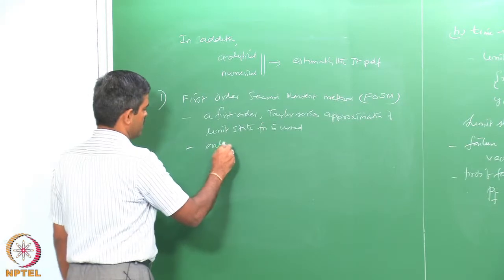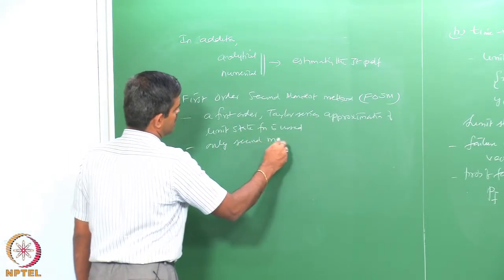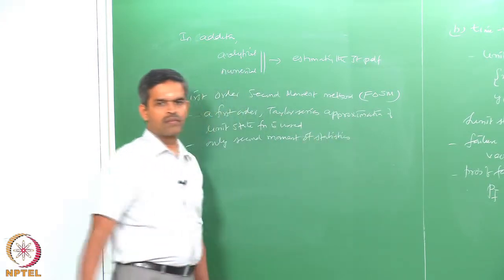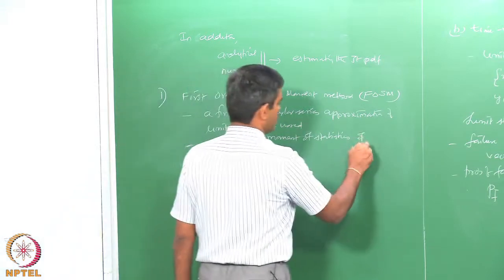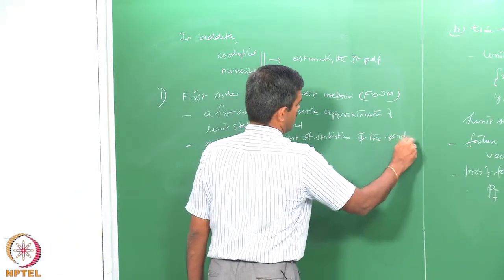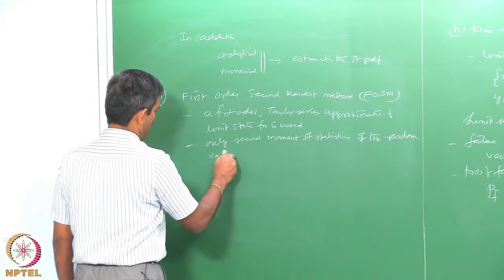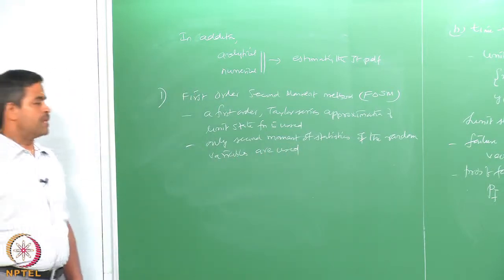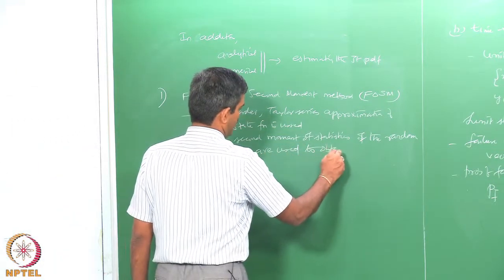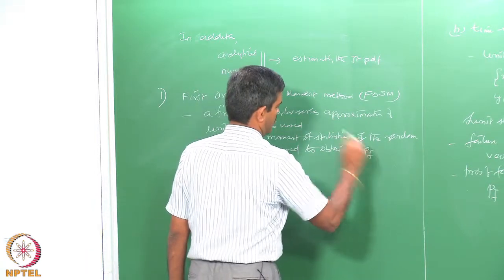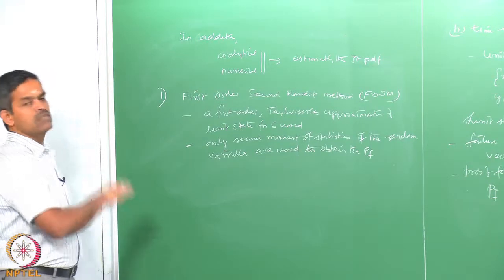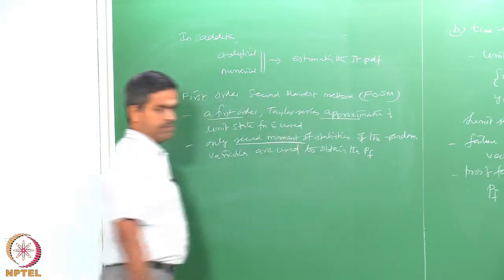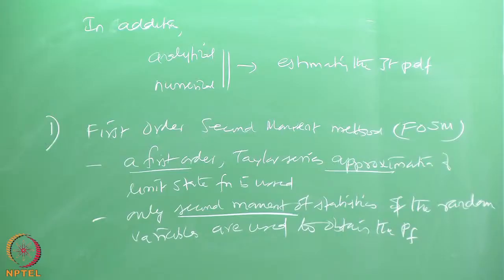Only the second moment statistics of the random variables are used to obtain the probability of failure. That is why the method is called first order second moment. So, first order approximation, second moment, therefore first order second moment method.